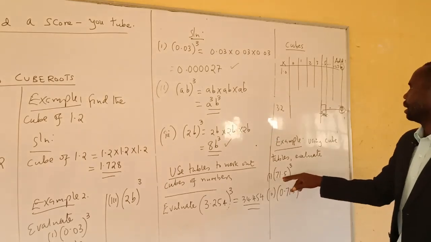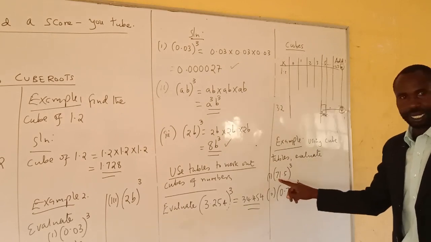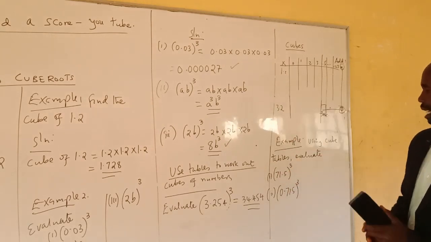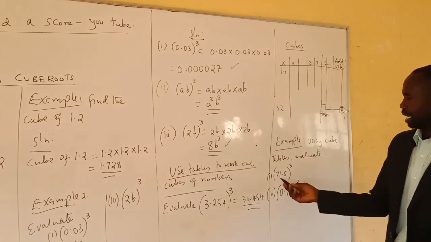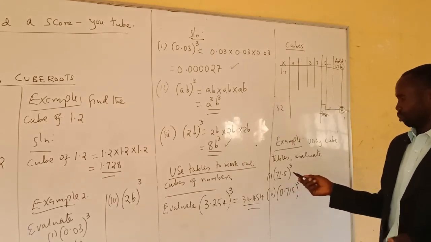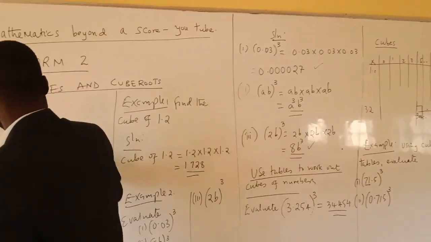You see, in our table, we don't have 71. Our table ends at 9.99. So 9.99 is not 71. So you require to do this in an easy manner.